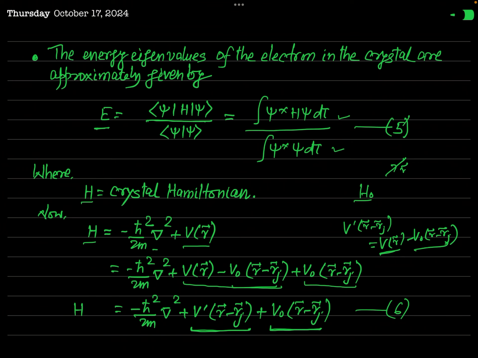So when the atoms get aggregated and a solid is formed, then the atomic potential is perturbed by this potential V dashed of R minus Rj, and so the Hamiltonian for the crystal is different from that of the free electron or the atomic Hamiltonian. If you talk about the atomic Hamiltonian, then this perturbation potential term will not remain here.